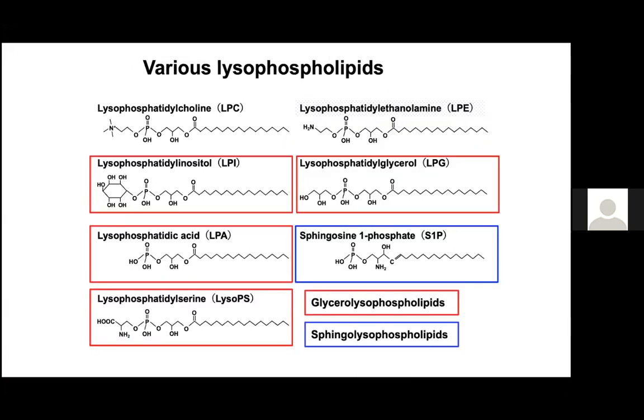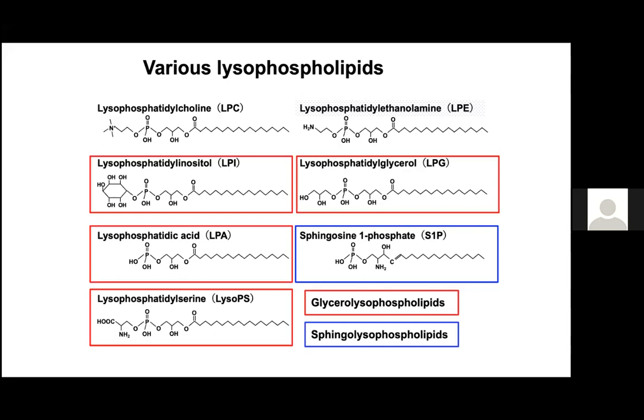As shown in this slide, a variety of lysophospholipids can be found in biological fluids, such as plasma, serum, saliva, urine, and cerebrospinal fluid. These lysophospholipids include lysophosphatidylcholine LPC, lysophosphatidylethanolamine LPE, lysophosphatidylinositol LPI, lysophosphatidylglycerol LPG, lysophosphatidylserine LPS, lysophosphatidic acid LPA, and sphingosine-1-phosphate, S1P.